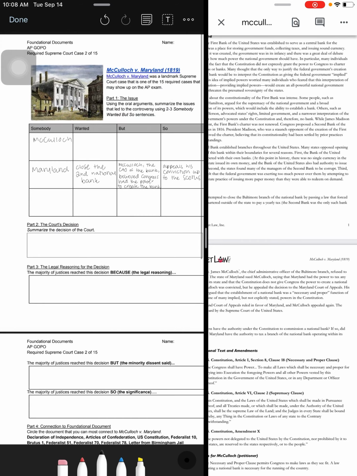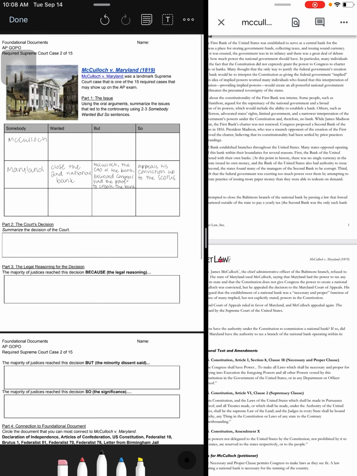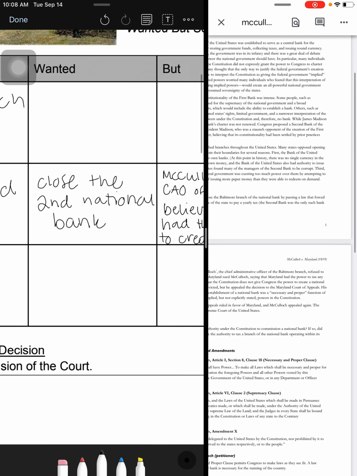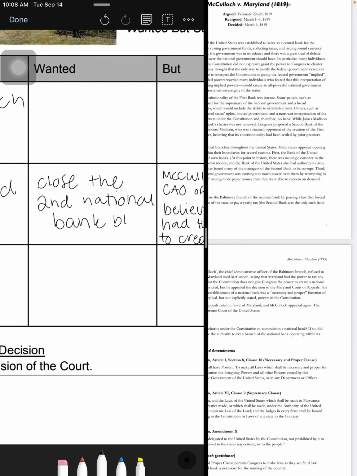Okay, so then we'll go back over our sentence and make sure it reads okay. So it would go, Maryland wanted to close the Second National Bank. I'm going to add to that and say because they felt it was unconstitutional. That fits our sentence a little better.